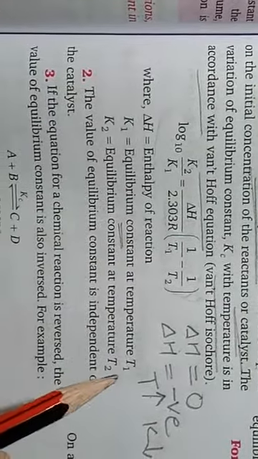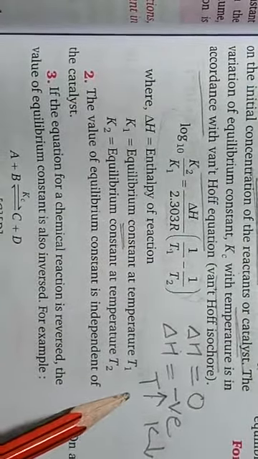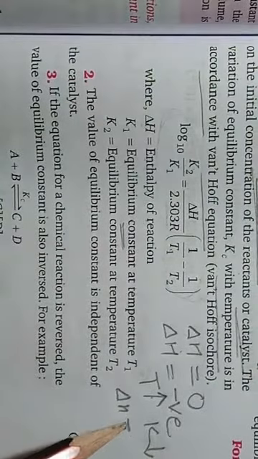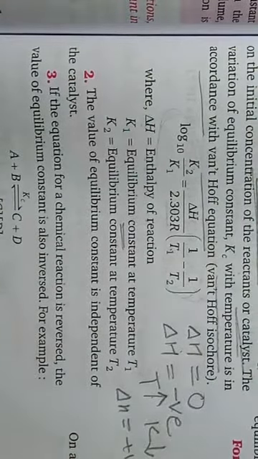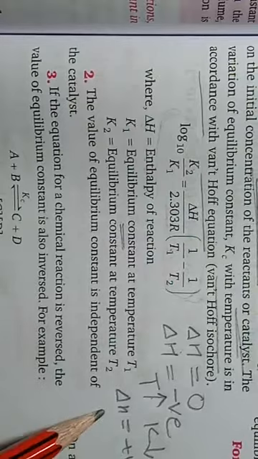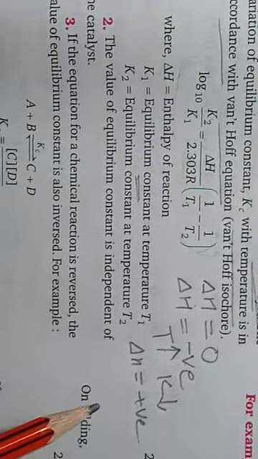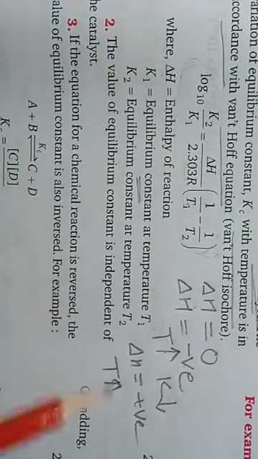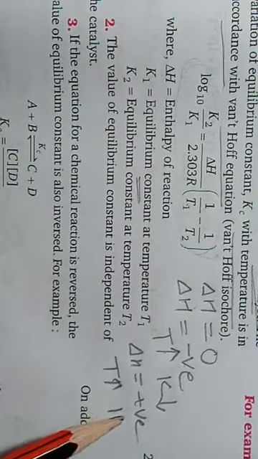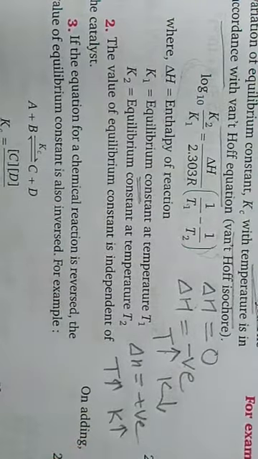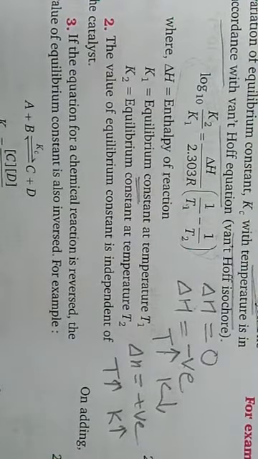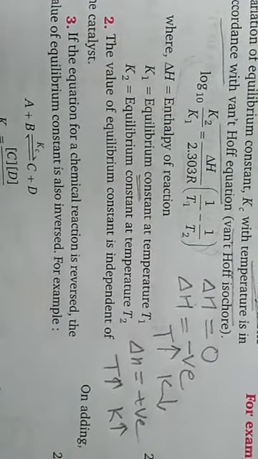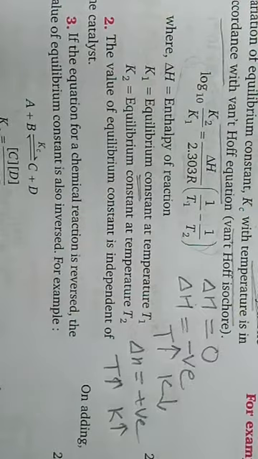And in the reverse condition, if delta H is positive and we increase the temperature, then the value of K will also increase. Okay, students, so this is the dependency of the equilibrium constant on temperature.